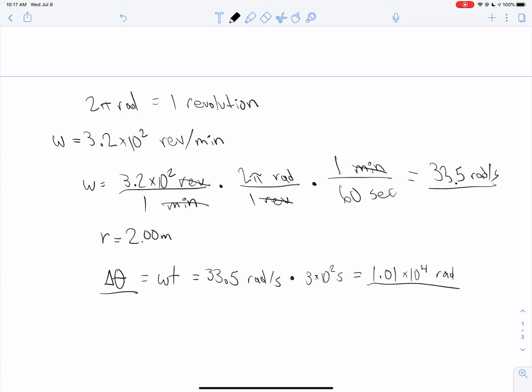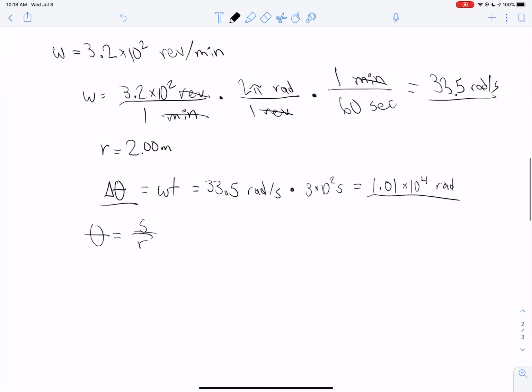But we want to find out the distance around the circle. We don't want it in radians, we want the actual distance. If you remember from the beginning, we said that theta is equal to S over R, and what we're looking for is this value S that we call the arc length.